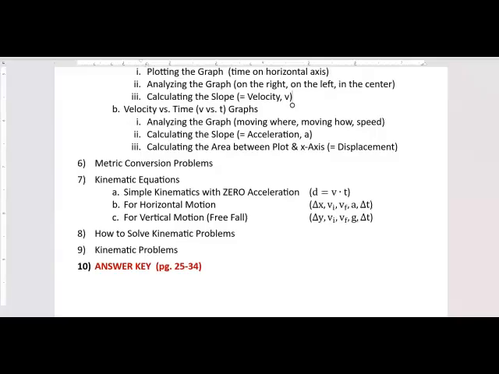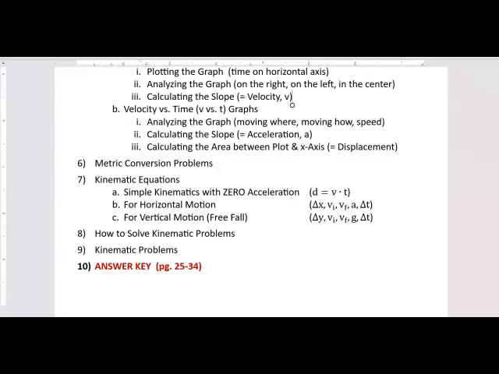And then we'll talk about the equations involved in solving kinematic problems. There are some very simple equations used when the acceleration is zero. We usually use what we refer to as the speed equation or velocity equation. And then we'll talk about using the series of 5 kinematic equations to solve both horizontal motion and vertical motion problems.